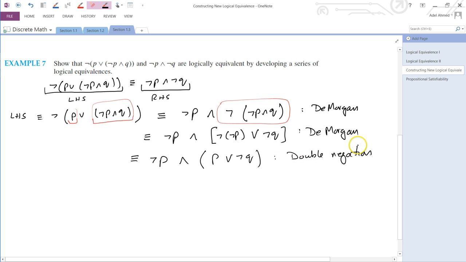Okay. Now after that we can safely say that we got not P over here, and then we've got another expression inside the parentheses with the OR operator. And if you recall, the second distributive law says that the AND can be distributed over the OR.